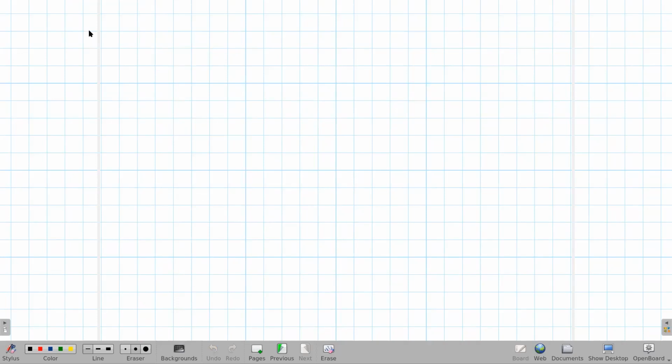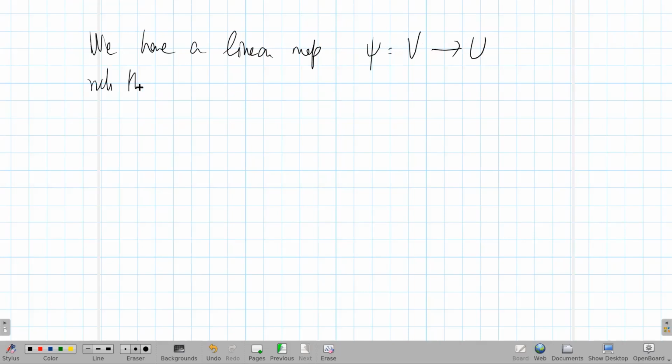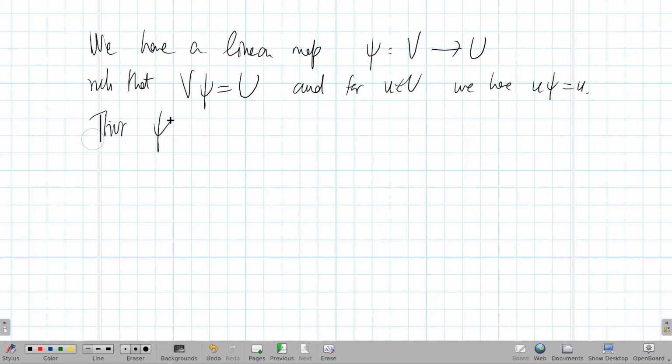We have a linear map Psi from V to U, such that the image is U, and actually for U in U, we have U Psi equal U. So this means Psi is an idempotent map.